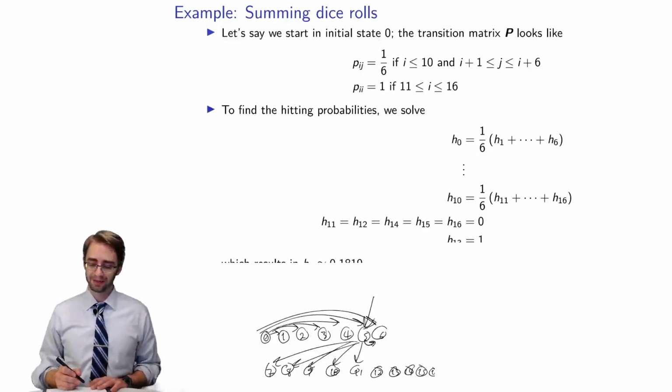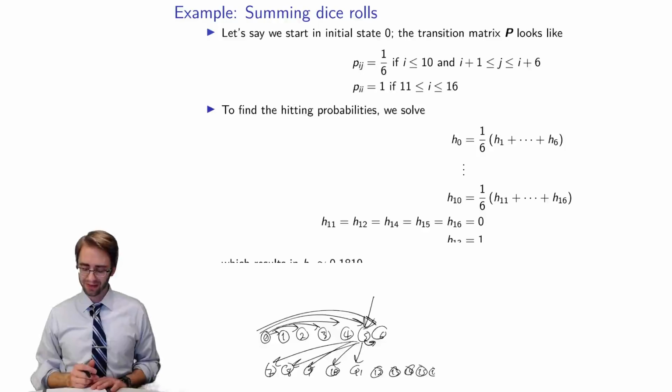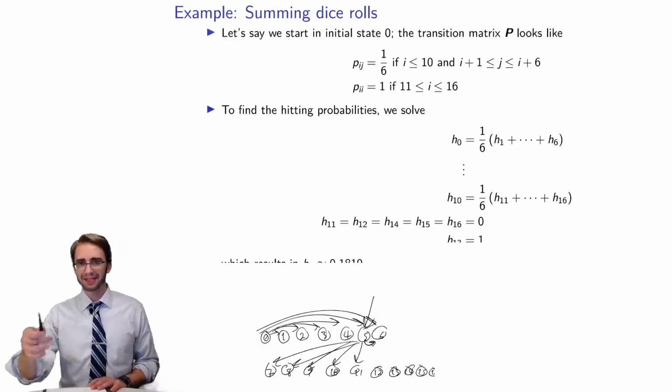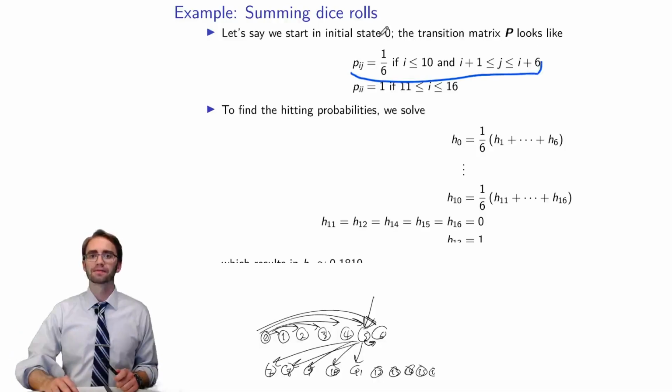Those are my possibilities, and so on and so forth. That's pretty clear, I think. Basically, for any state that you're in, you look at that state plus 1 up to that state plus 6, and you have an equal likelihood of going to any of those, and that's what I've written here.